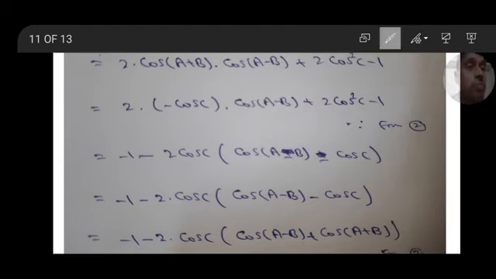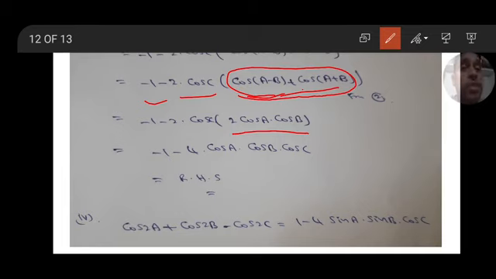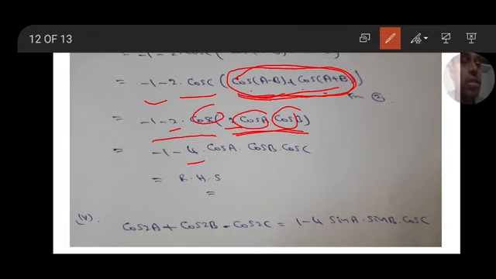From equation 1, cos of (a plus b) plus cos of (a minus b) is given by the formula 2 cos a cos b. Multiplying 2 into 2, we get 4 cos a cos b cos c, that is the RHS.